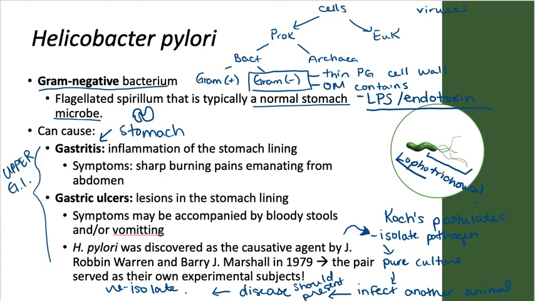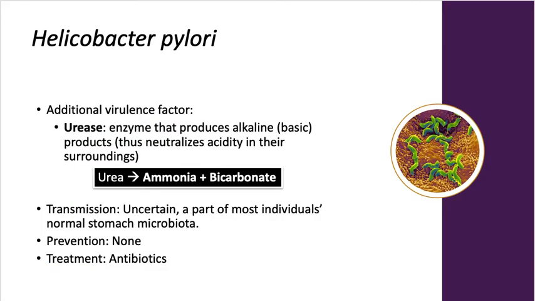So Helicobacter pylori is not just a normal stomach microbe, but it's also considered a good microbe most of the time. And it's not fully understood, how do good microbes go bad? But we do know by looking at the genome of Helicobacter pylori and studying it in pure culture that it does have virulence factors that help it survive in the stomach and cause disease.